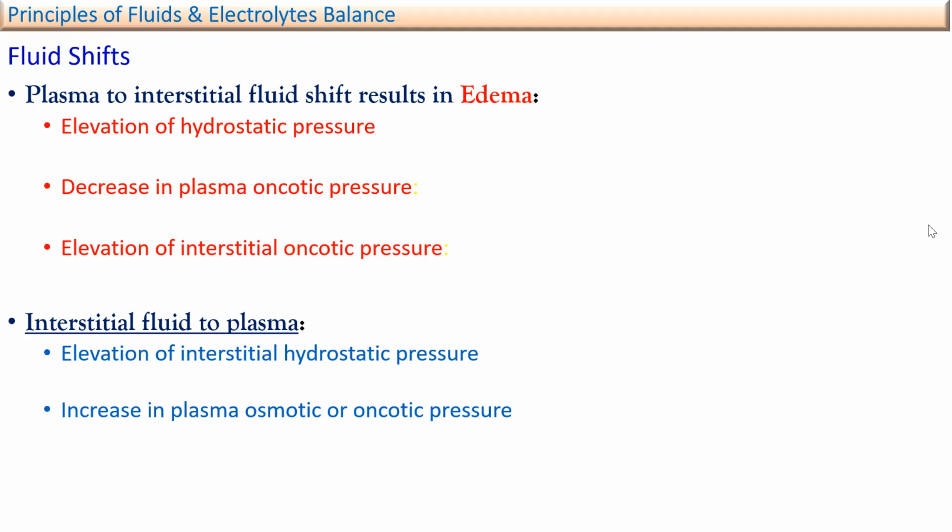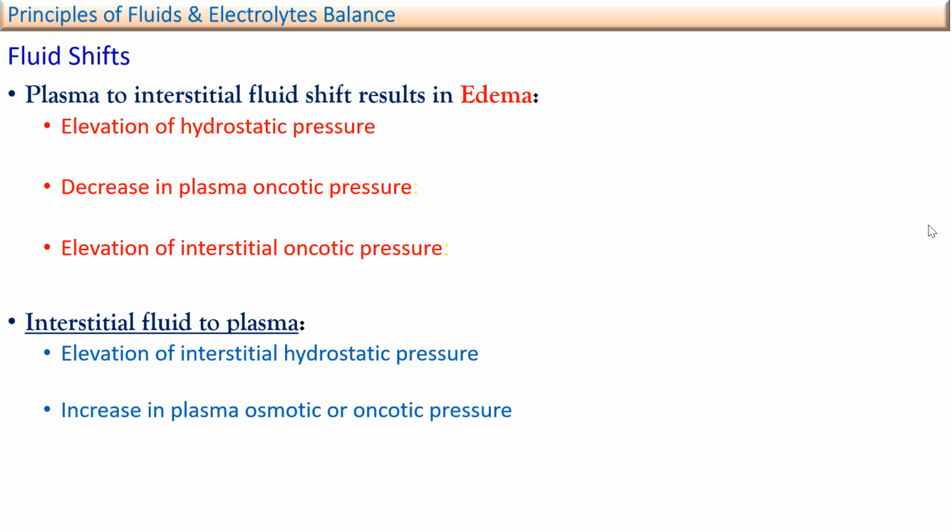The interstitial fluid moving back to the plasma. There are two main forces. The first one is the elevation of the interstitial hydrostatic pressure, and it has a therapeutic effect.